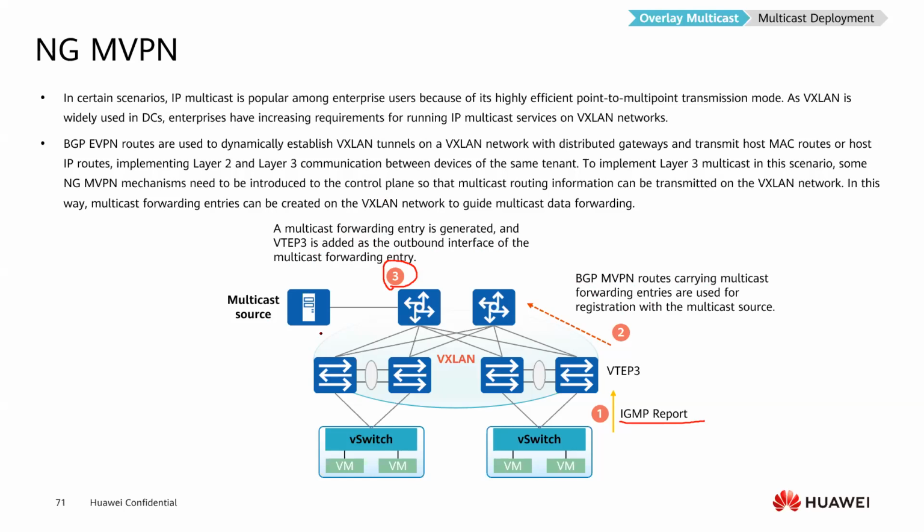So by the control plane, using NG MVPN, when the multicast source sends multicast traffic, the ingress VTEP will use the IPMSI tunnels to forward this packet to the egress VTEP.